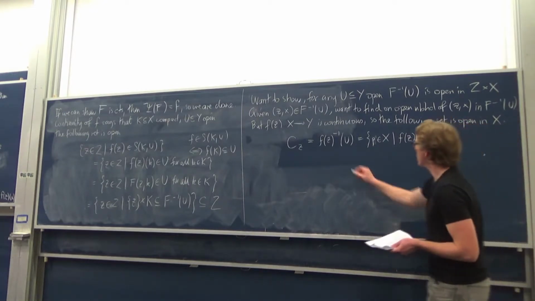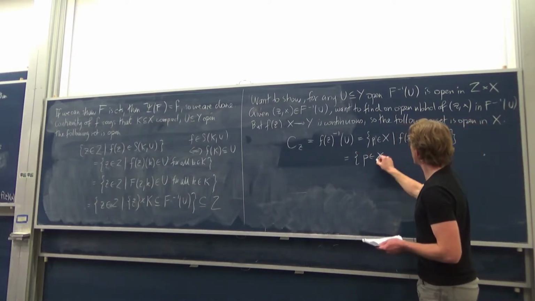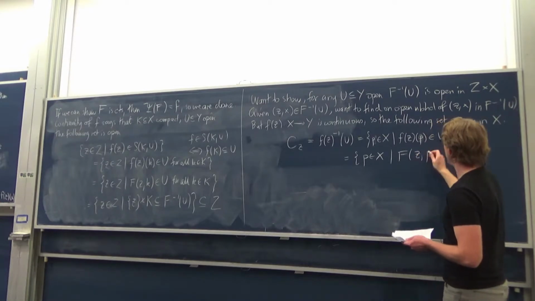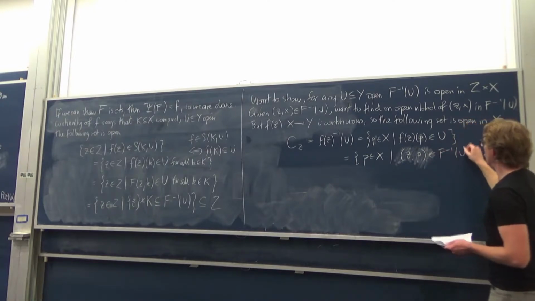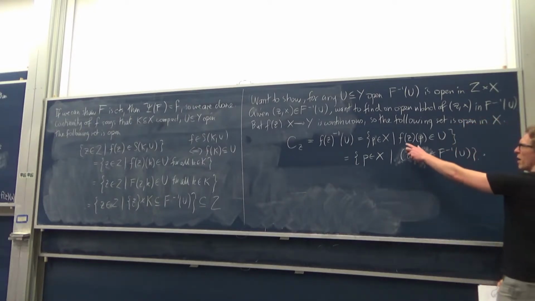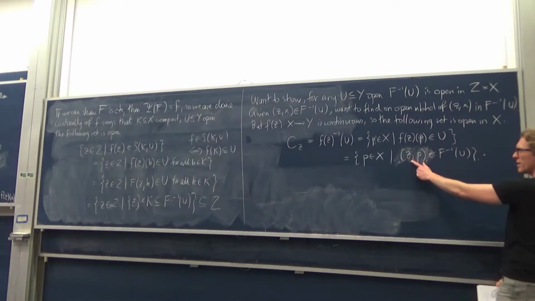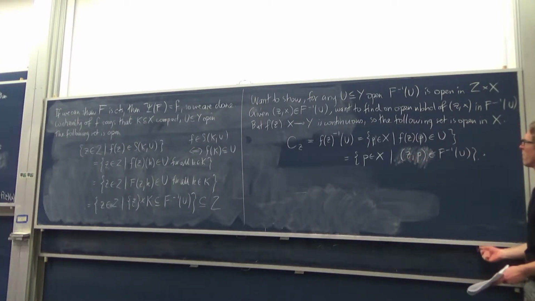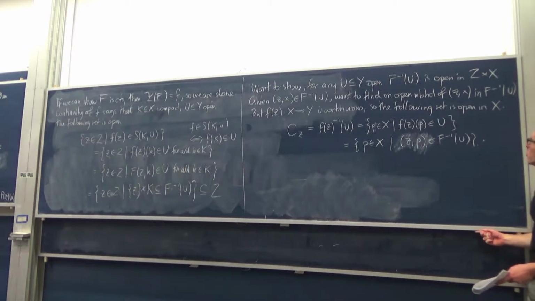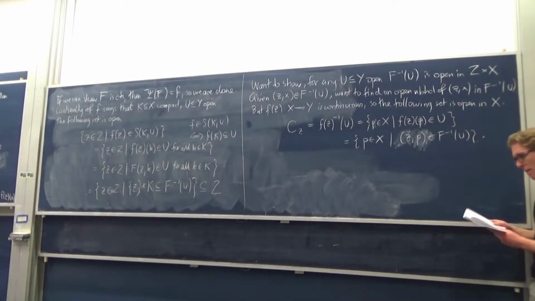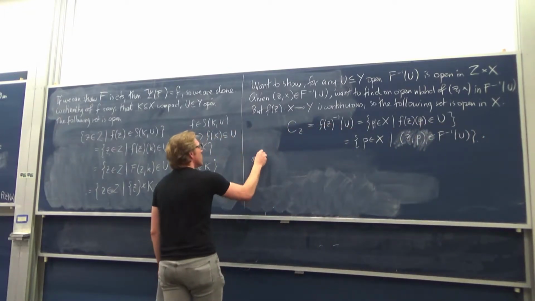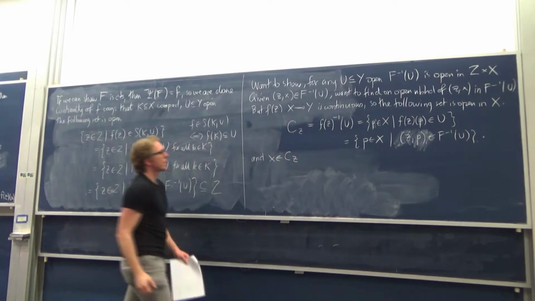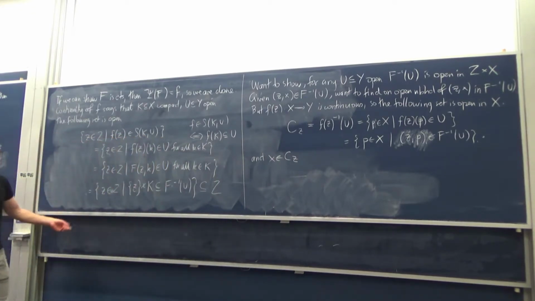Another way to write that is all the p's in X such that capital F(z,p) is in U, which is exactly to say that (z,p) is in F inverse U. So that's open in X. And this particular x that came in our pair belongs to C_z by hypothesis.